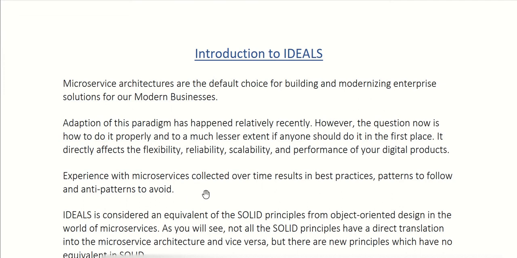Experience with microservices collected over time results in best practices, patterns to follow, and anti-patterns to avoid. So again, we have recently started implementing microservices, so we should gain good experience with this architecture. Okay, and over a period of time we can make use of this experience in order to choose best practices and avoid the anti-patterns.